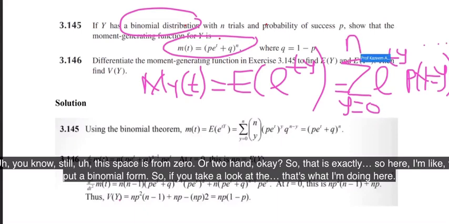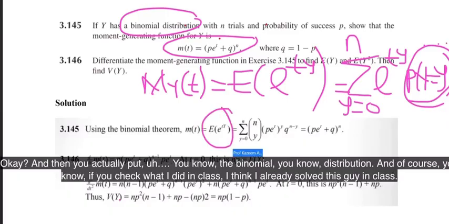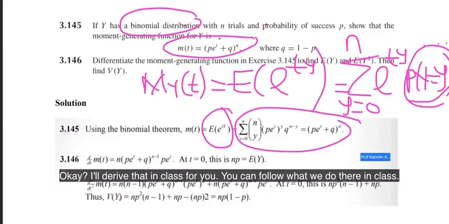So here you put in the binomial form. If you take a look at that, that's what I'm doing here. Then you put in the binomial distribution. If you check what I did in class, I think I already solved this in class. I derived that in class for you. You can follow what we did in class for that.